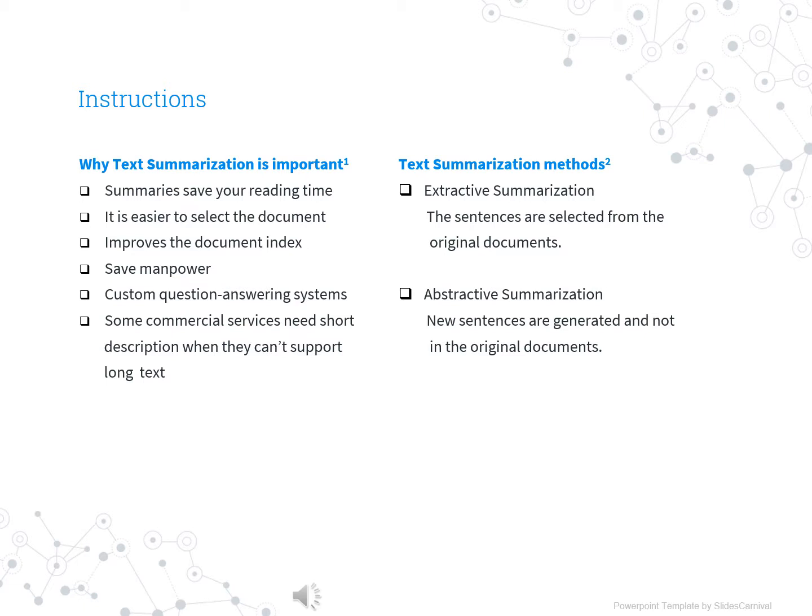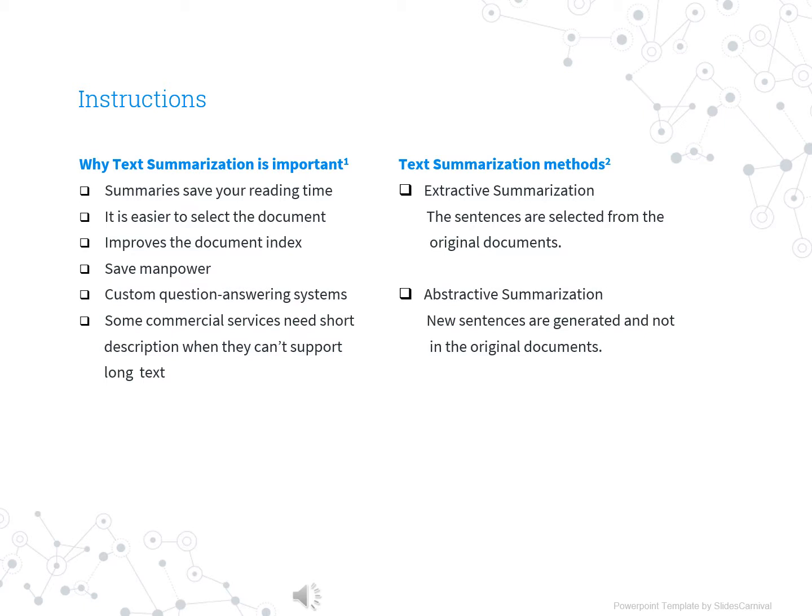Summary improves the document index. Readers find documents more easily, and it also saves manpower to create summaries if using automatic text summarization. Text summarization will help custom question answering systems.